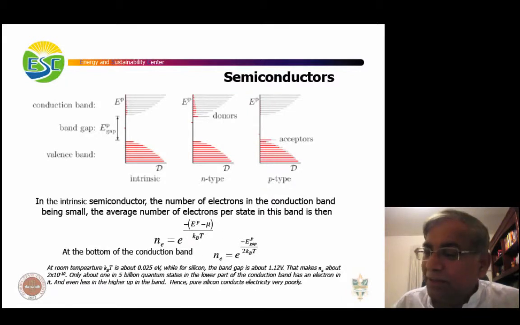That makes n_e, the number of electrons, about 2 times 10 to the power of minus 10. That's about 1 in 5 billion quantum states in the lower part of the conduction band has an electron in it. So this is extremely small. And of course, as you go up, the number of electrons becomes smaller and smaller in the conduction band. As a result, semiconductors are essentially bad conductors.